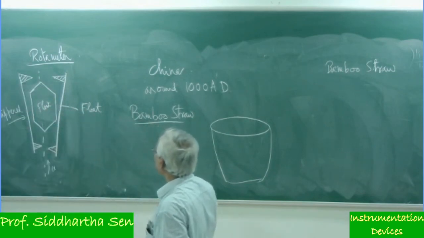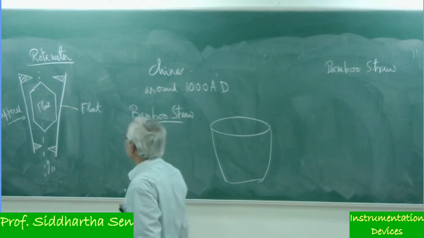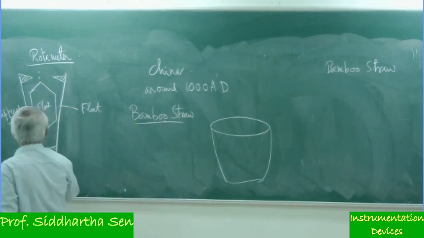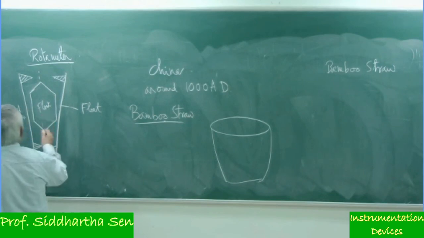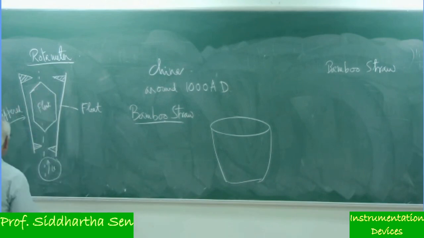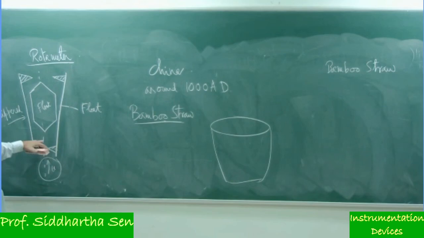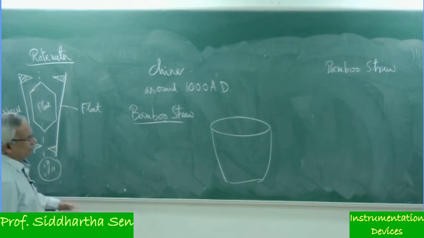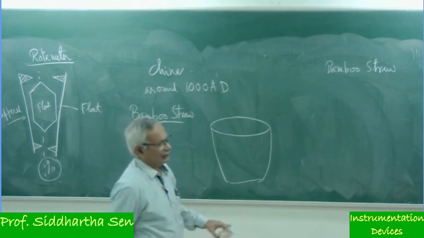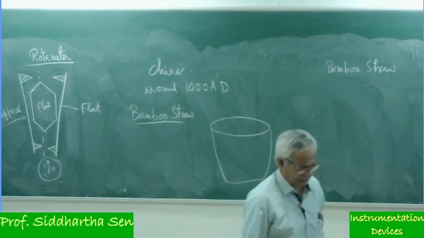You require a certain amount of flow rate to be active here. We require a certain pressure difference to maintain it. If the flow rate is too low, the float will be at the bottom, obstructing, and no flow will come.